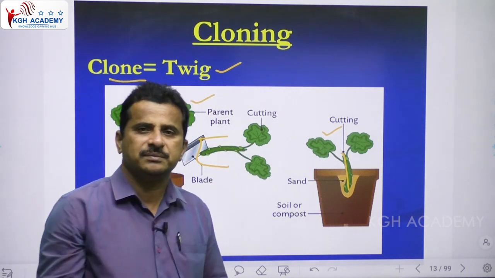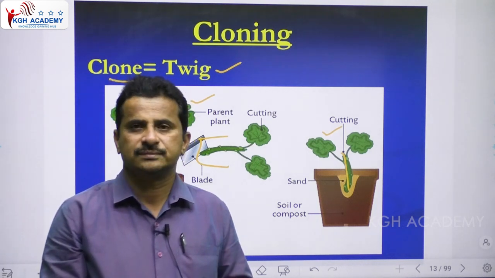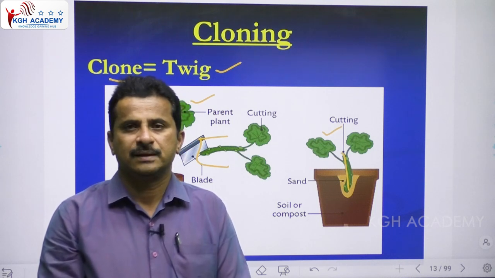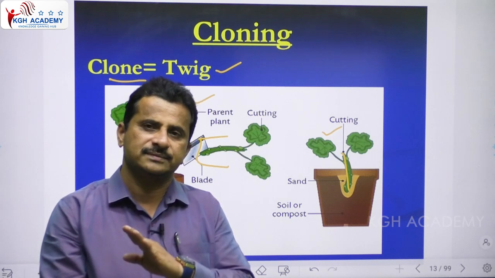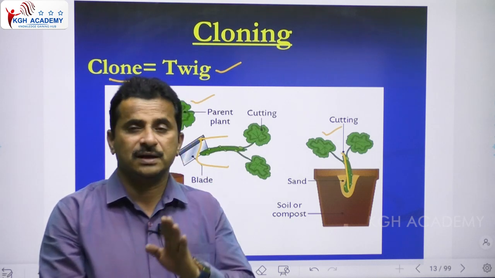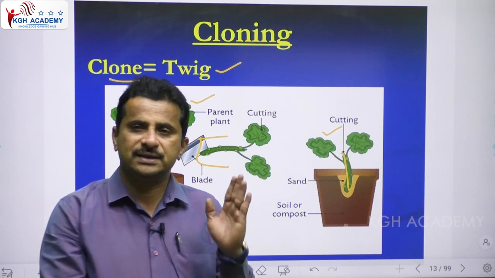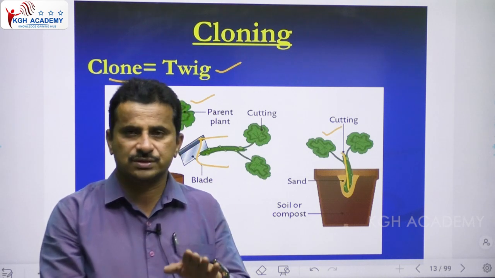The same method you can apply to rose, jasmine, hibiscus, etc. Plants propagated through stem cuttings look 100% the same, Xerox copies. This type of propagation is called clonal propagation, and these are called clones.